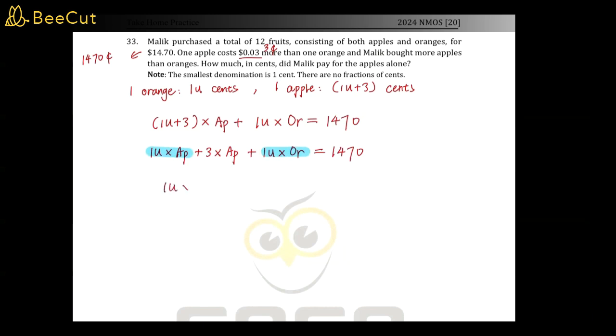This 1 U times number of apples plus number of oranges. And then we have 3 times number of apples equals to 1,470. So apples plus oranges is 12 fruits. This is 1 U times 12, so 12 units plus 3 times number of apples equals to 1,470.